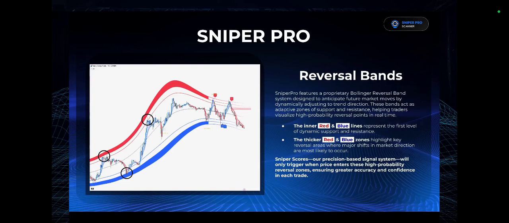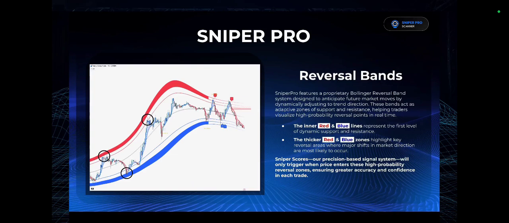Now, when we take a look at these reversal bands, you have the inner red and blue line, which represents the first level of dynamic support and resistance. So when you see these first levels right over here, these are the very first levels of dynamic support and resistance where you can expect some type of price reaction and reversal.